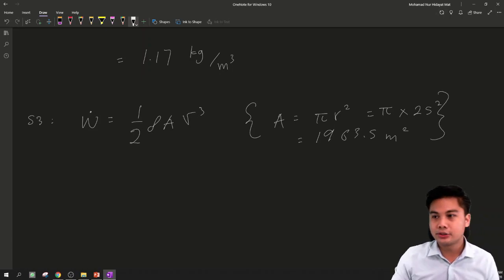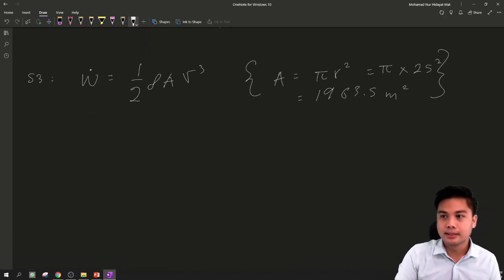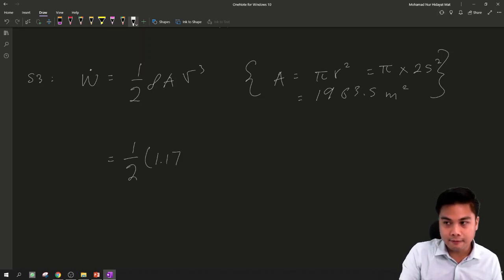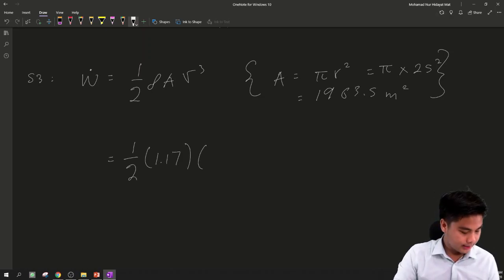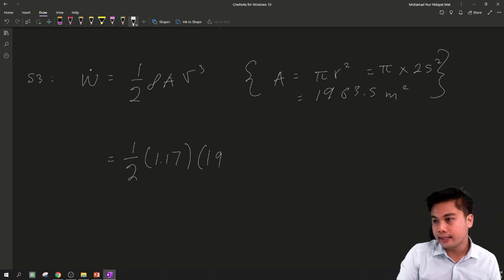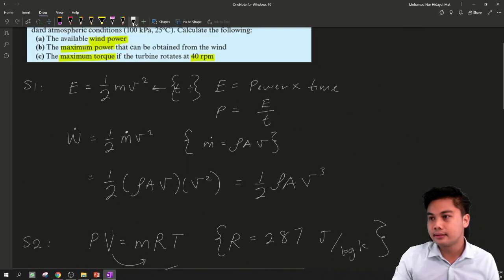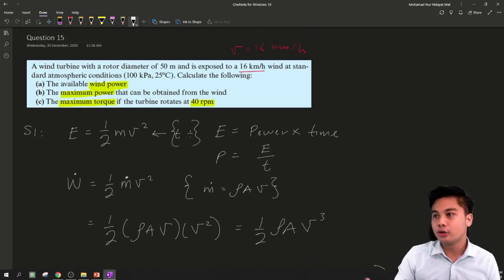Based on this, substitute straight into the equation: 1 over 2, rho is 1.17, area is 1963.5, and the velocity is 60 kilometers per hour.